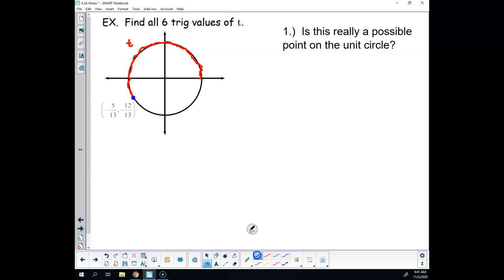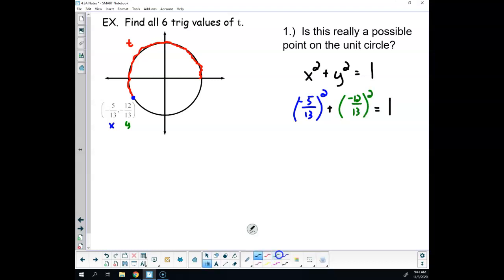So what we need to check first is if x squared plus y squared is really 1. The x value of our point is negative 5/13, and the y value is negative 12/13. So I would take negative 5/13 and square it, add that to negative 12/13 squared, and hopefully that is equal to 1.